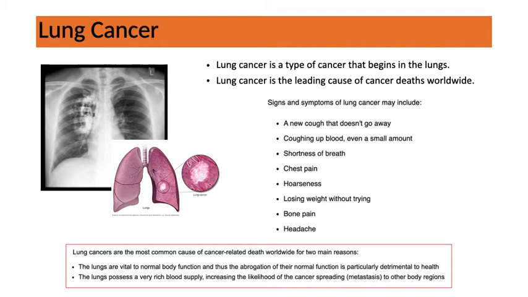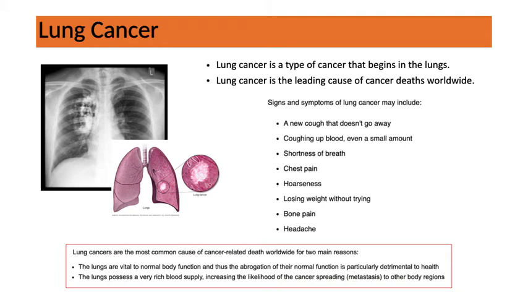And number two, the lungs are also rich in blood supply, and you know that after the blood leaves the lung, it goes to the heart, and the heart pumps the blood. So sometimes when the lump that contains the cancerous cells becomes loose, some of the cells can detach from the lump, go along with the blood circulation, and attach to another part of our body.